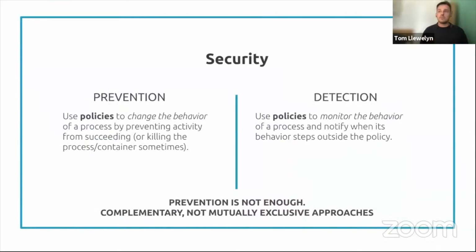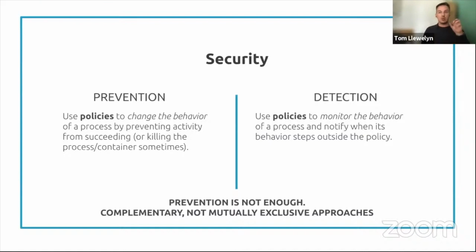Starting by taking a step back and thinking about approaches to securing systems. Fundamentally, there are two things you can do. There's the prevention side, where you're trying to modify the behavior of a system by stopping things from happening. It could be killing processes, or blocking system calls.